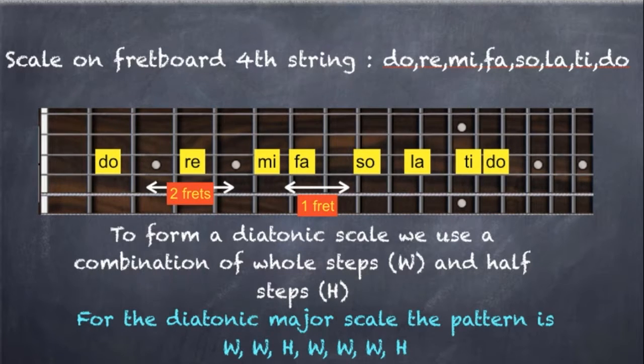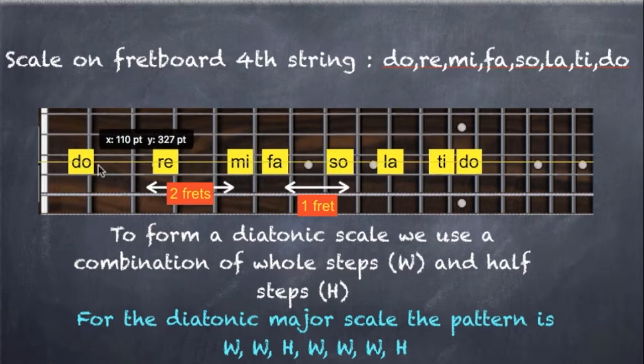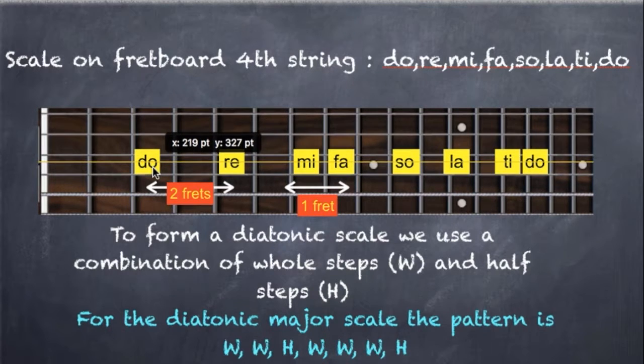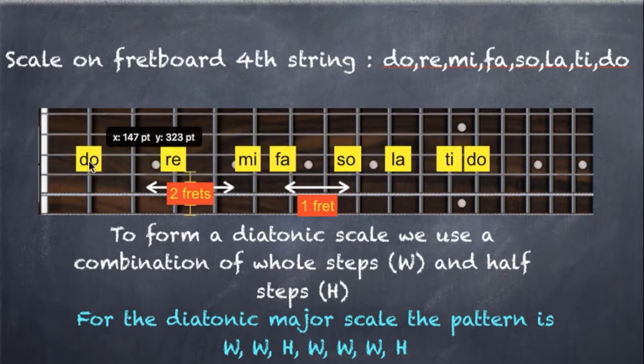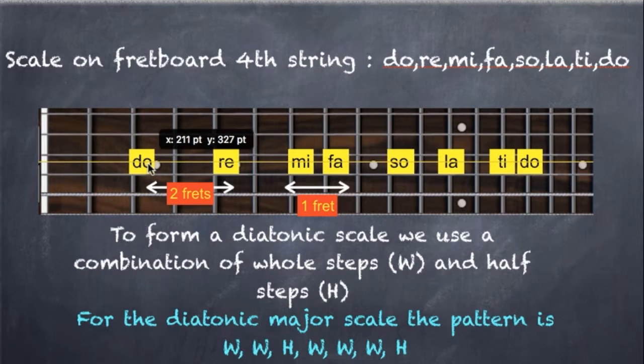Right, back to the virtual classroom, and here we see laid out my diatonic scale, which has got this series of whole steps and half steps, do, re, mi, fa, sol, la, ti, do, and that pattern would be the same no matter where you start on the fretboard.